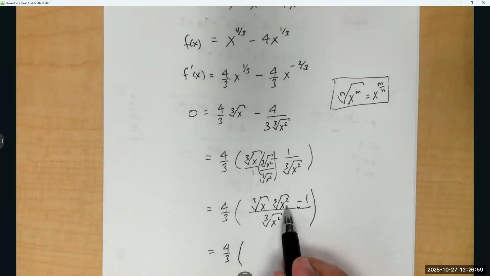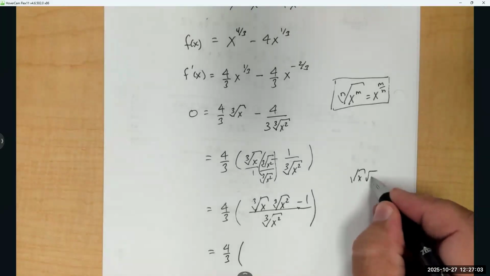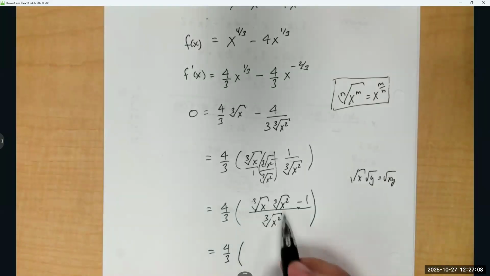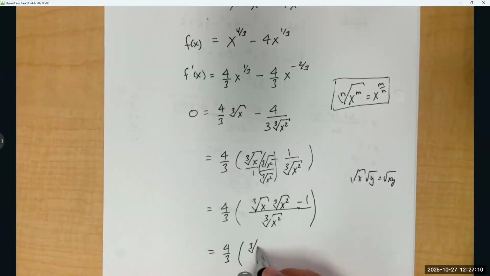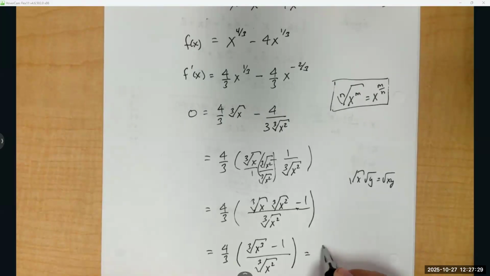Cube root of x times cube root of x squared, since they're the same radicals, we can combine what's inside there. So x times x squared is the cube root of x cubed minus 1. Is equal to 4/3.